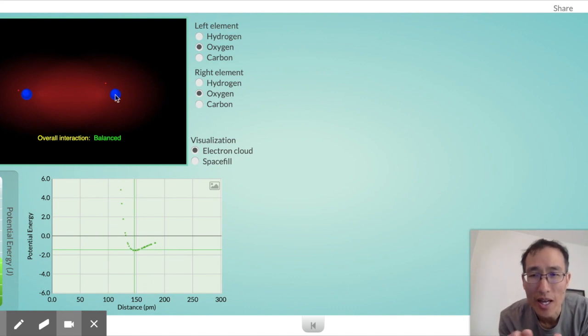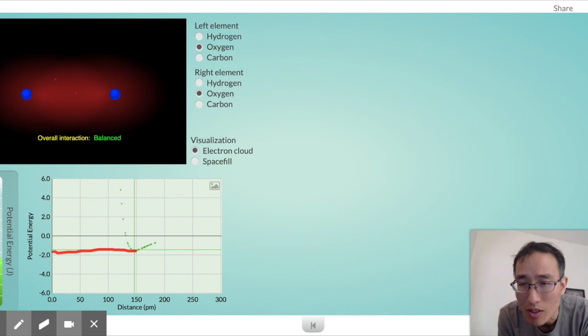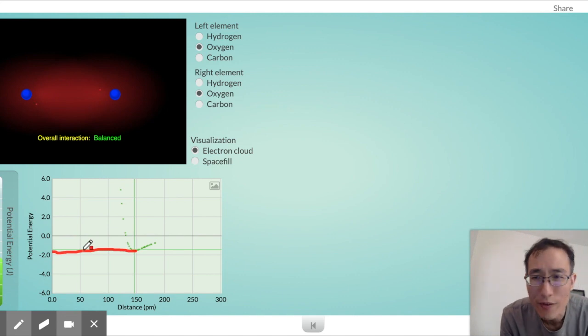And then as I look at how much energy that is, what is that around? We get that mark here, it's a little less than 2, but greater than 1, so maybe like 1.5 joules down there.